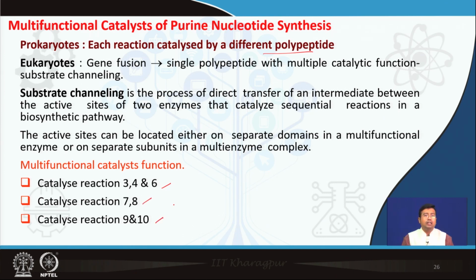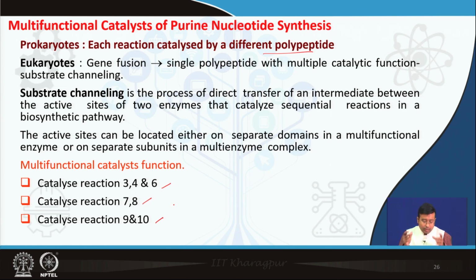So, what is substrate channeling? It is actually the process of direct transfer of an intermediate between the active site of one enzyme and another enzyme, so that a sequential reaction can be done in a biosynthetic pathway that will minimize the time required for substrate to go from one enzyme to another.